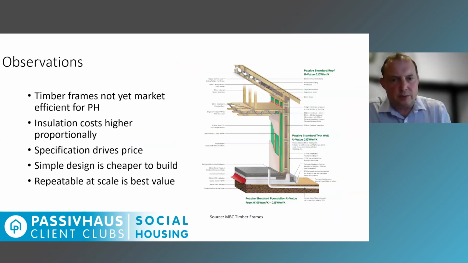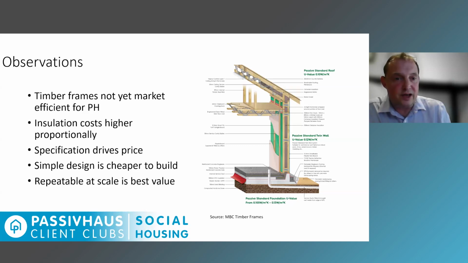And a few observations. I'll be very quick. So timber frames are getting there. There's a few frames now in the market, and there's a bit more competition. But I think that it takes market dominance. Same with MEP systems.